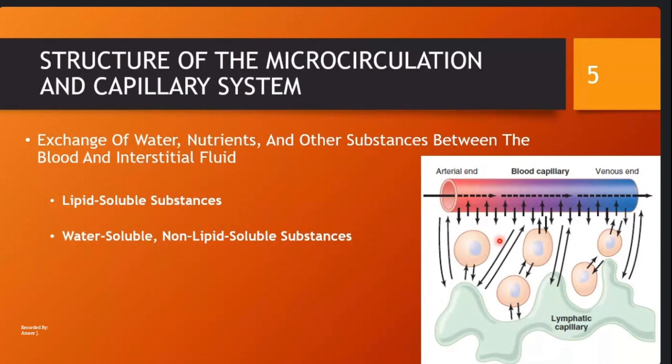You know that some molecules are highly lipid soluble. Therefore, they are easily dissolved in the cell membrane. They easily cross the capillary bed, regardless of the connections of the cells that form the capillary bed.